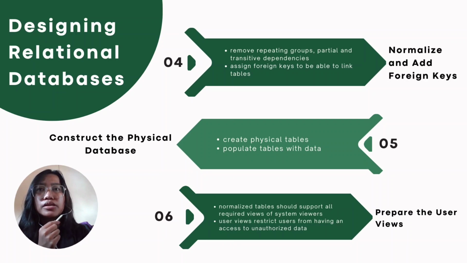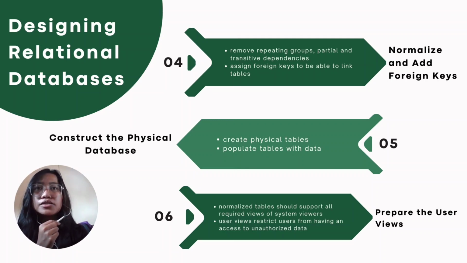So programs will need to be written to transfer organization data currently stored in flat files or legacy databases to the new relational tables. So data currently stored on paper documents may need to be entered into the database tables manually. Once this is done, the physical user views can be produced.